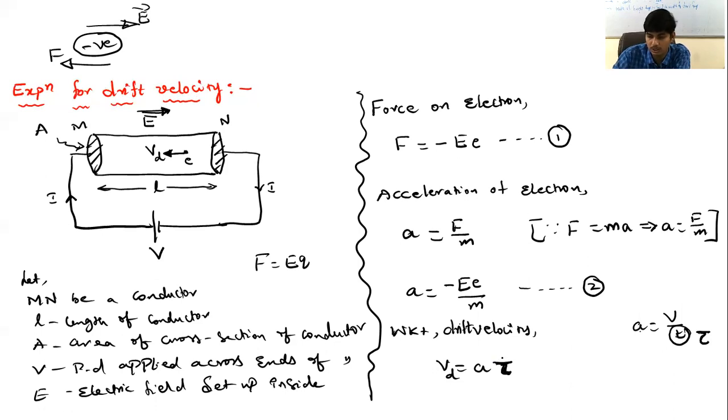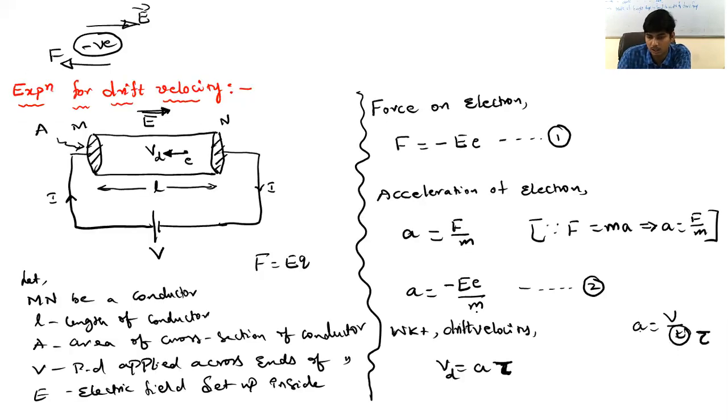So this can be written as, thus drift velocity Vd can be written as minus capital E small e by m into tau. This is the expression for drift velocity of an electron. See, Vd is equal to a into tau. We know what a is from equation 2.